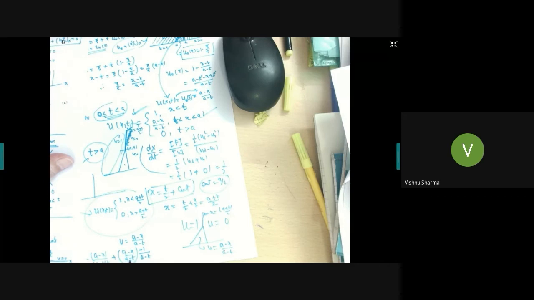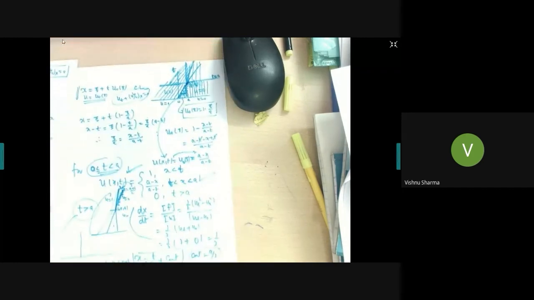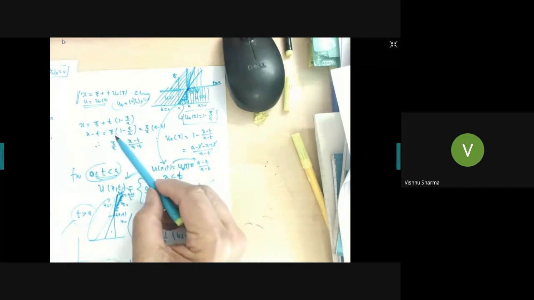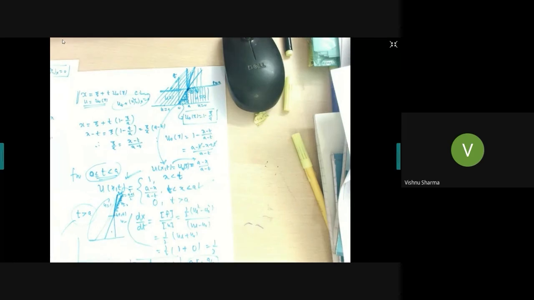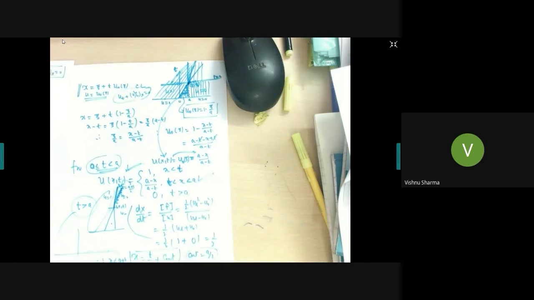So is there any problem? u_t plus u u_x. Is there any mistake in the calculation? Please check, because this should turn out to be 0. I don't think it is 0. Am I right?